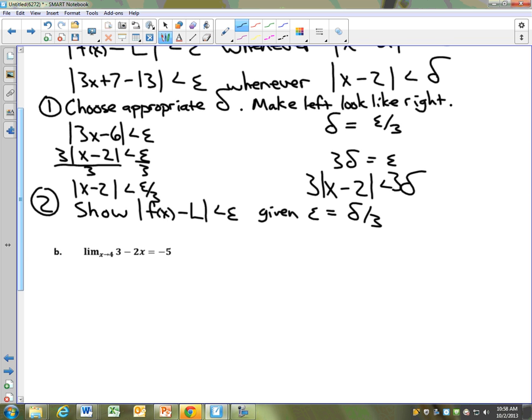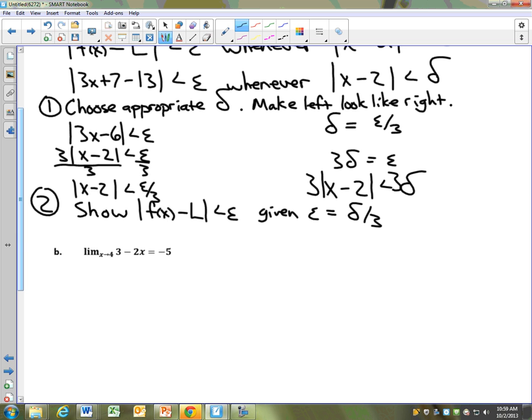No. If I had a 2x, it would be delta over 2. If we had 4x, it would be delta over 4. Now, it is true that we could come up with much more complex equations. We are just going to do linear ones. Okay, so I'm not going to take it any further than that.